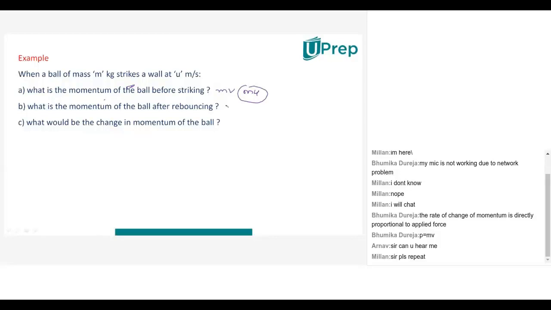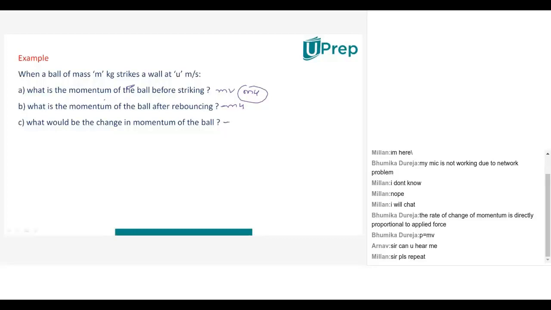What for time? They just asked about momentum. No need to write time here. Okay, sir. So momentum means what? The final minus initial, that is the change in momentum. But what is momentum?